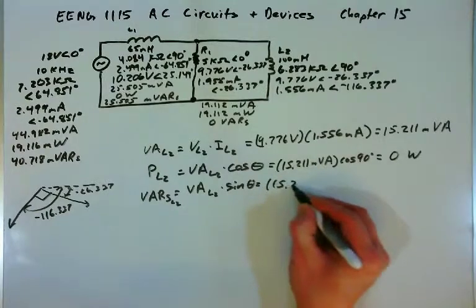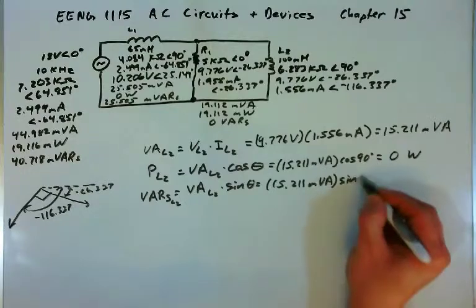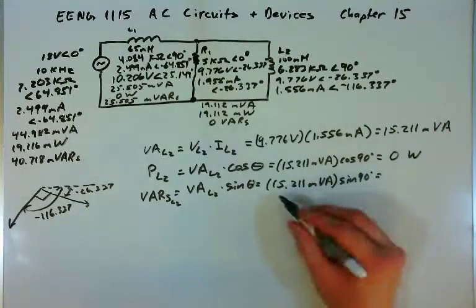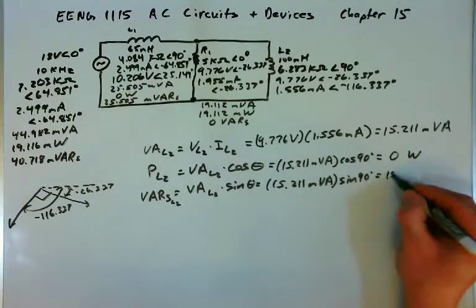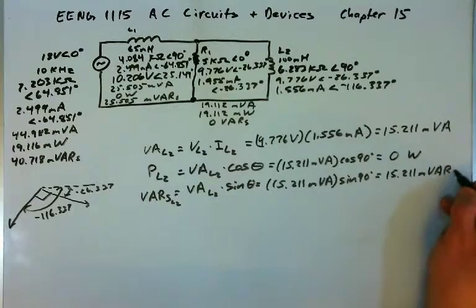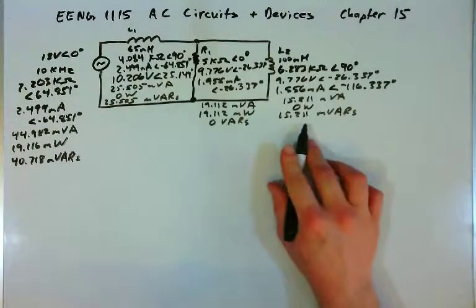Volt amps we know is 15.211 millivolt amps. Multiplying by the sine of 90 degrees. The sine of 90 degrees is 1. And so 1 times 15.211 is 15.211 millivolt amps reactive, millivars. And so these will be the power values for inductor 2. I've written our answers for power for L2 here.